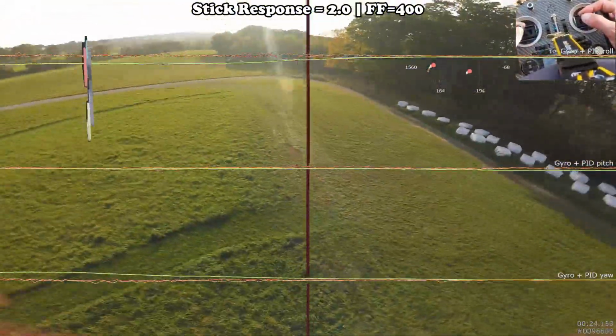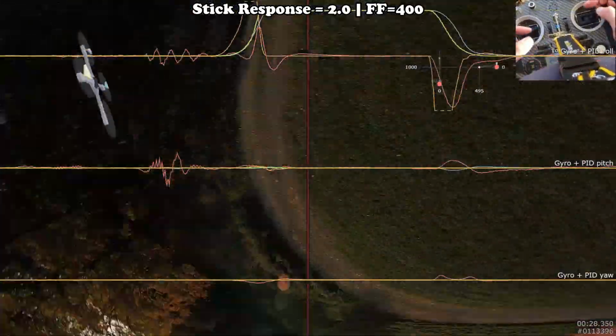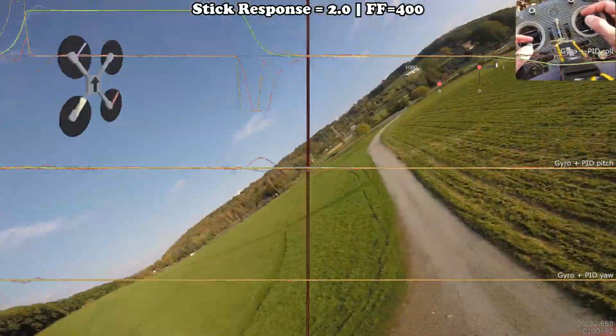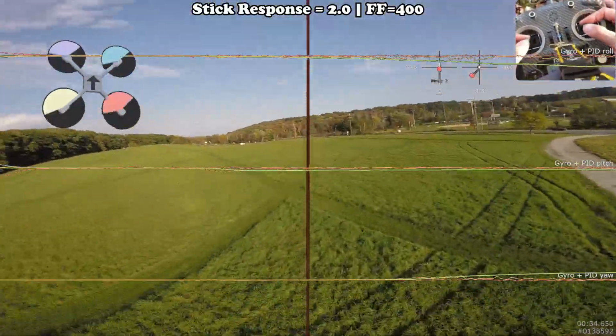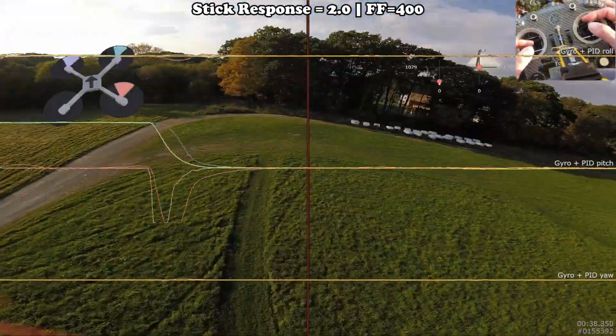Well, we'll have to look at the logs, but you can see even I don't have any bounce back. Maybe you can see it in the log. On the HD, I'm not seeing the DVR or the FPV feed.